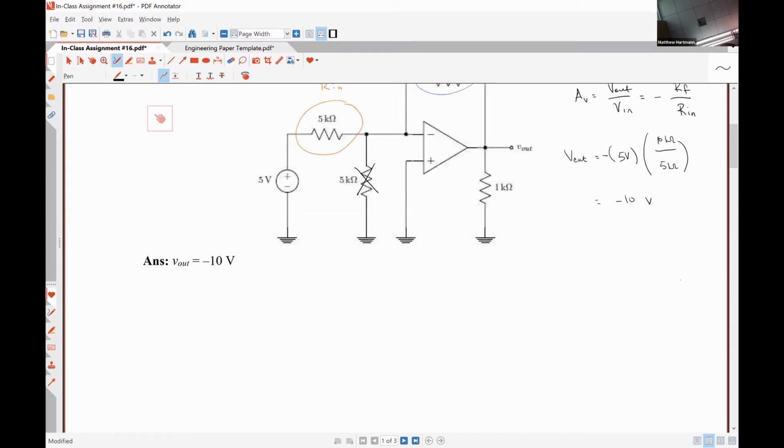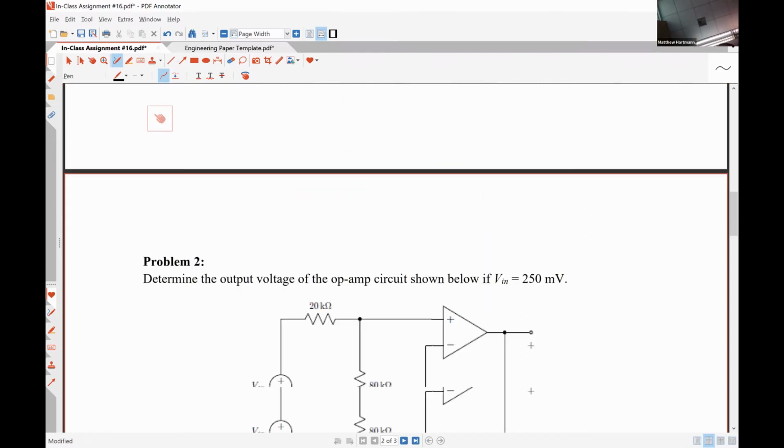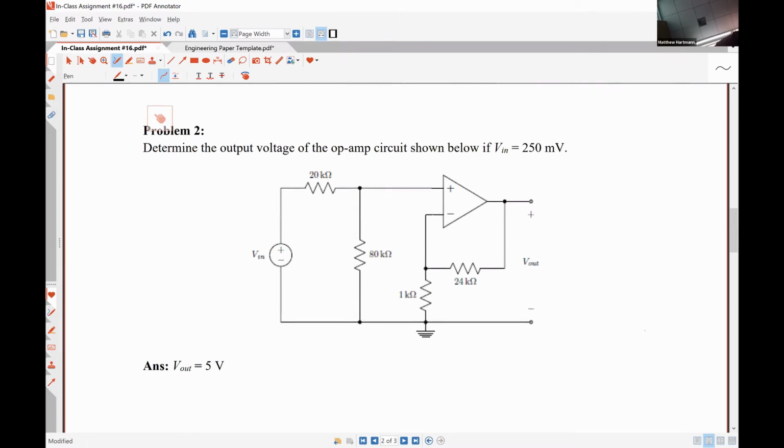If we look at our second problem, we can see that our input signal is not applied at the inverting input terminal anymore. It's applied at the non-inverting input terminal through a resistance. So that means that this is going to be a non-inverting amplifier.